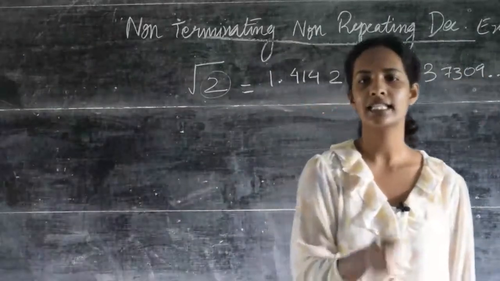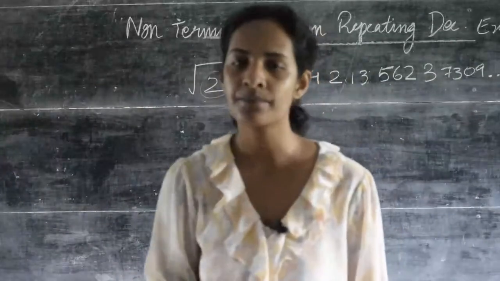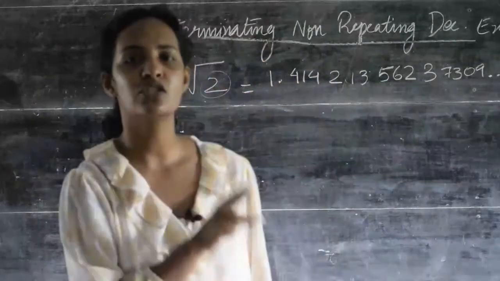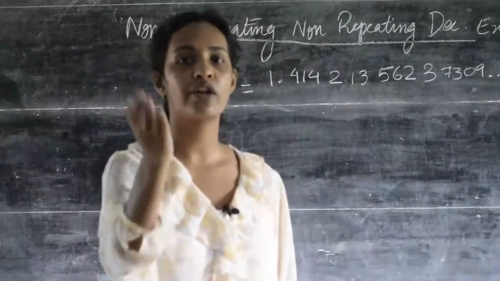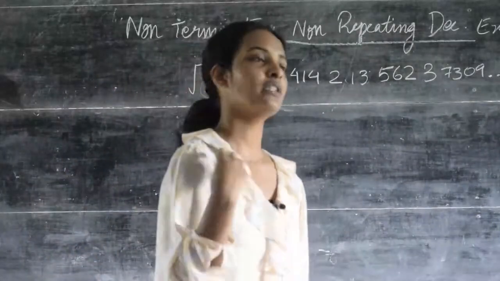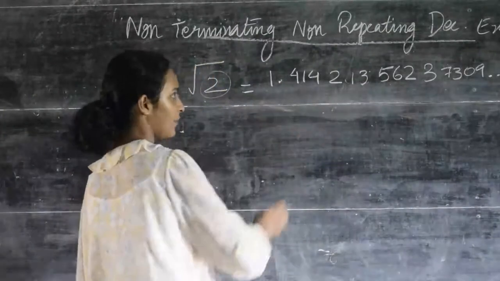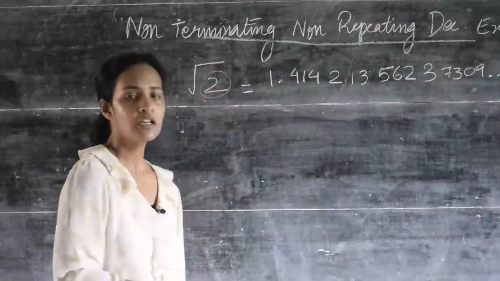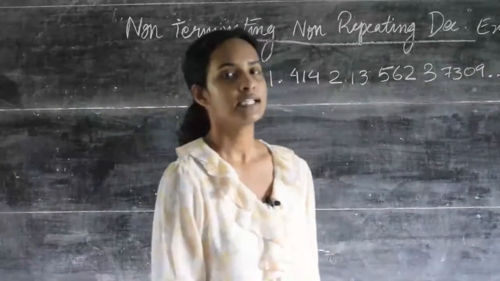Can you see that any of the numbers is repeating? No, it is not repeating in any sequence. It is not repeating in any particular orderly manner, right? So that is why this type of decimal expansion is called non-terminating, non-repeating decimal expansion.